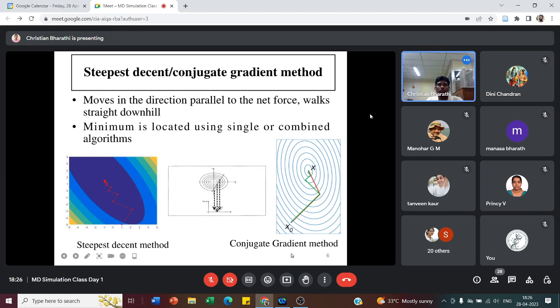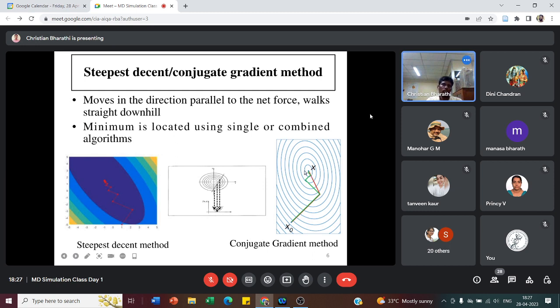And the conjugate gradient method is different. Its direction is conjugated, but the gradient change is orthogonal to each and every one. So the first step is here, the next step will be opposite to that, and the next step is opposite to that.